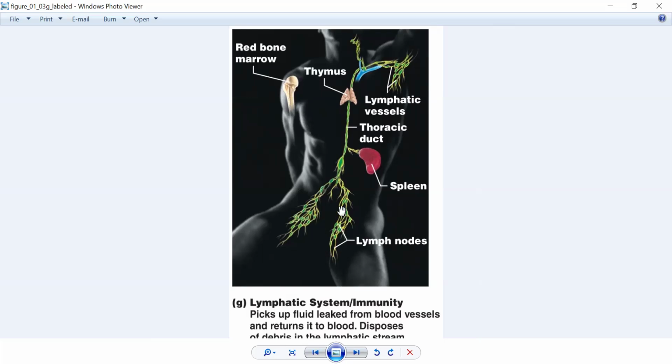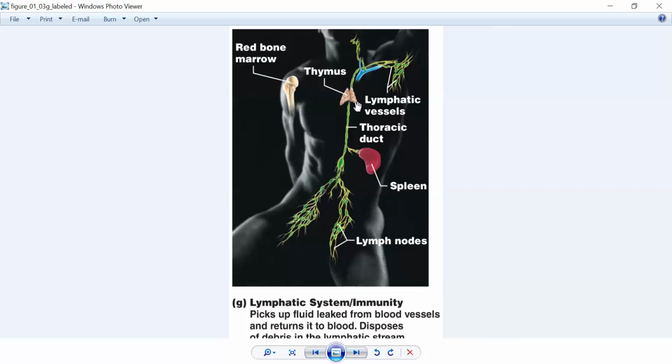So think of white blood cells inside your lymph nodes. Their job is to look for things that are foreign, that don't belong. So they filter your fluid before putting the fluid back into your bloodstream. And that interstitial fluid, once it enters your lymphatic system, is actually called lymph fluid. And the white blood cells are hopefully catching anything foreign, getting rid of it before the fluid goes back into your bloodstream.